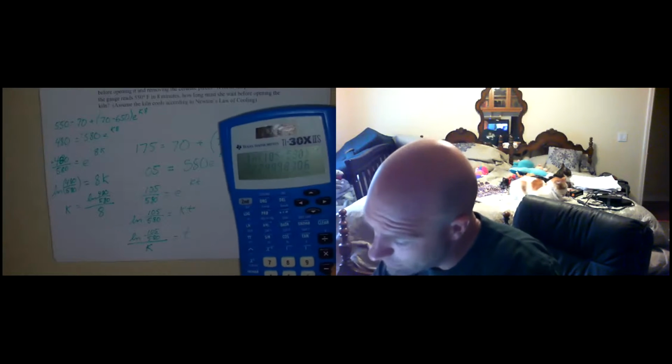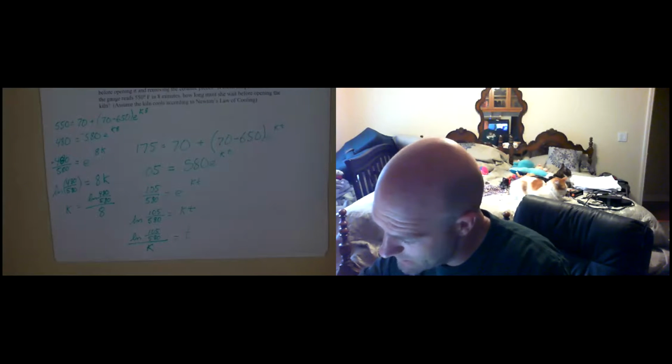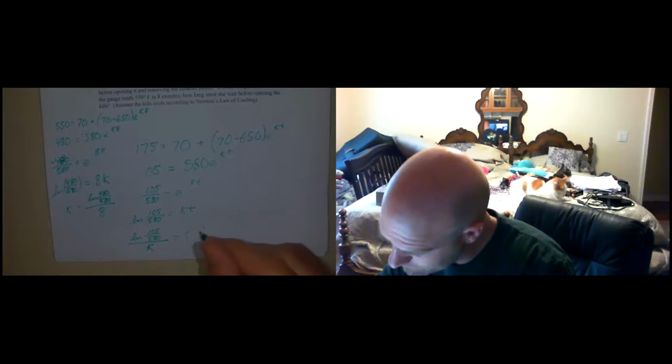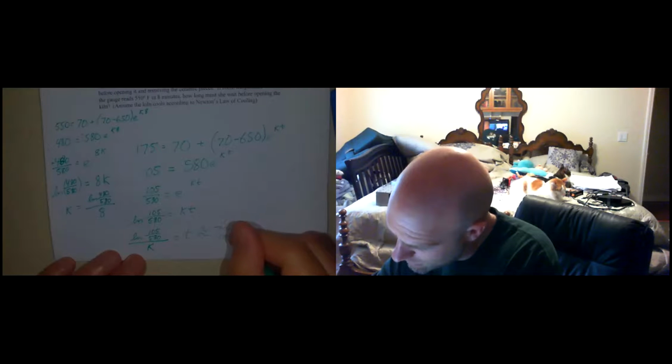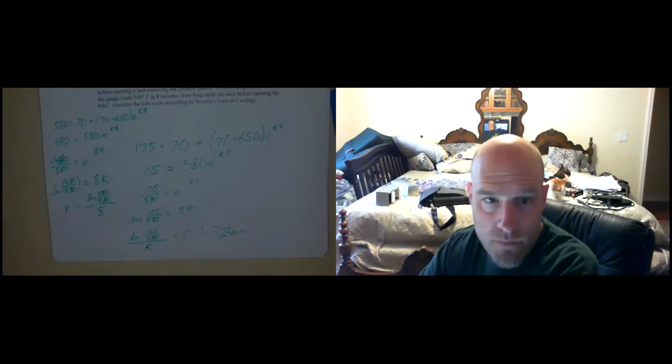And I'm going to get about 72 minutes. 72 minutes. And I guess I could have put in a 72.25, 72 and a quarter minutes. Sounds about right to me. Okay.